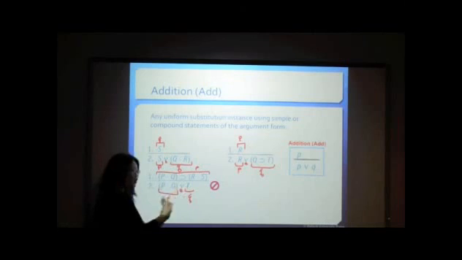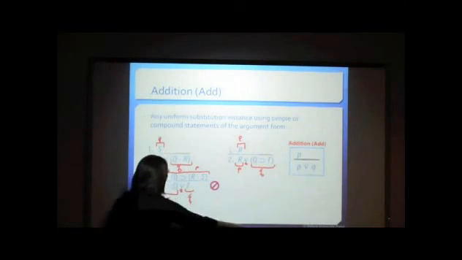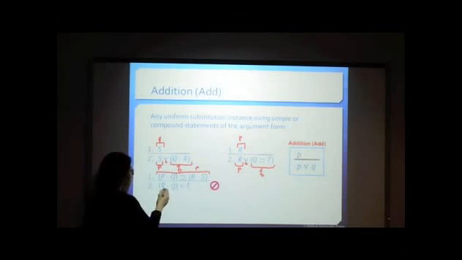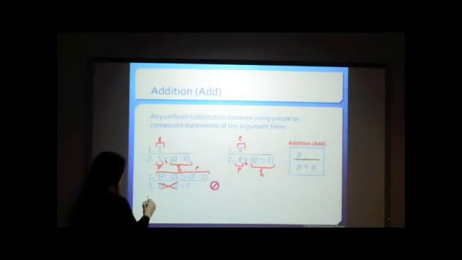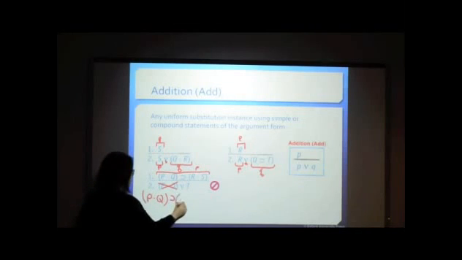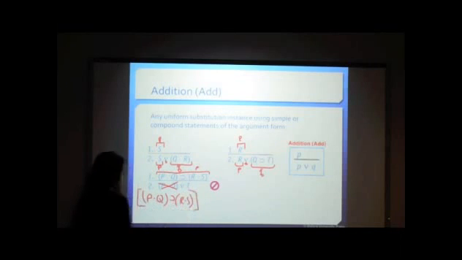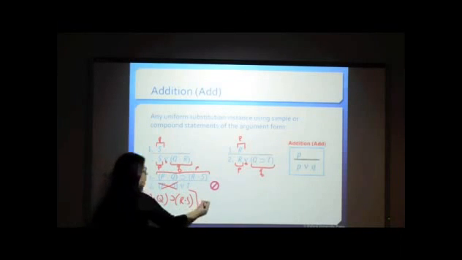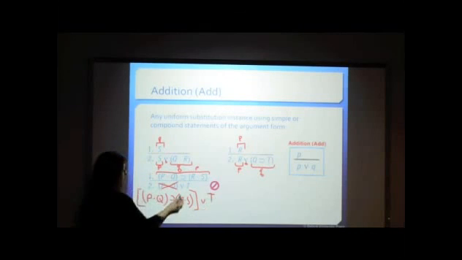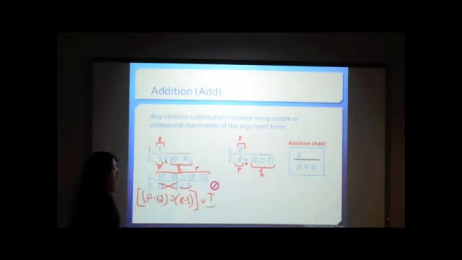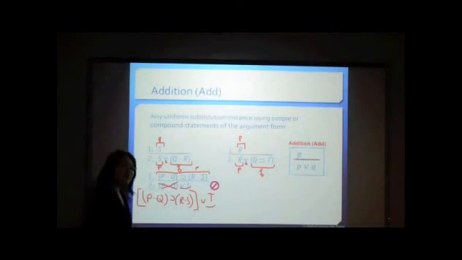Now we can turn this into addition if we change the conclusion. If we change the conclusion from taking this part here, one of the disjuncts, P dot Q, to P dot Q horseshoe R dot S, together with the disjunction T, which is this part over here, then if this were the conclusion, this would be an example of addition.